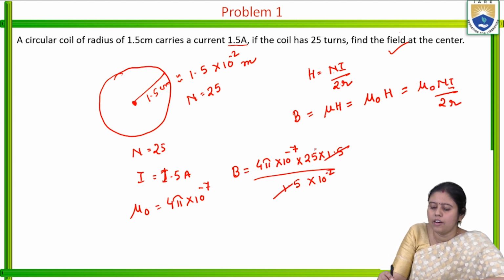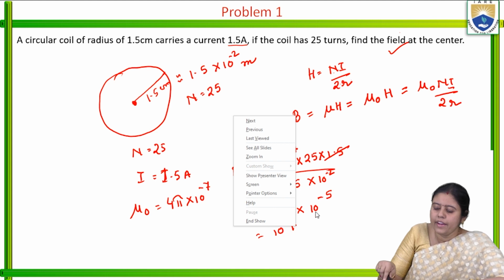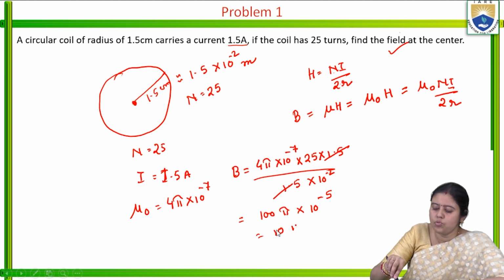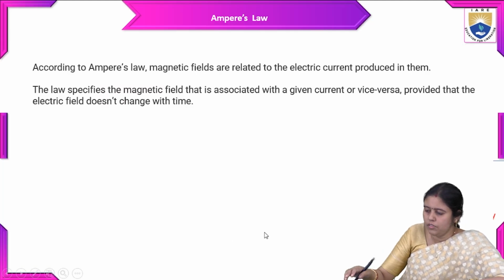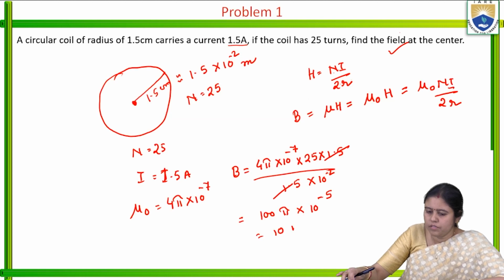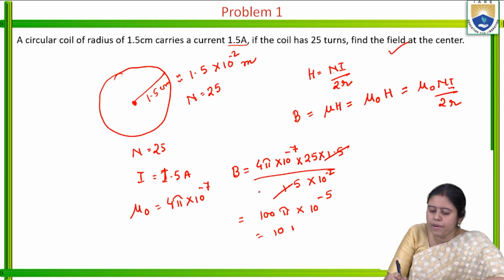1.5 will cancel out. So this is 100 pi into 10 to the power minus 5, but it is 2R, so actually it is Ni by 2 into R. So 100 by 2 means this is 50.